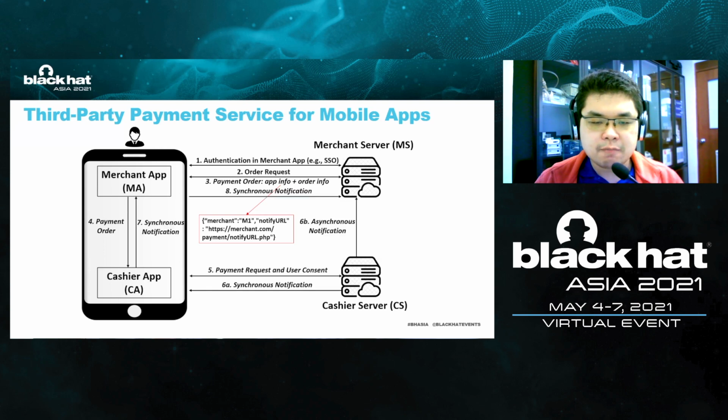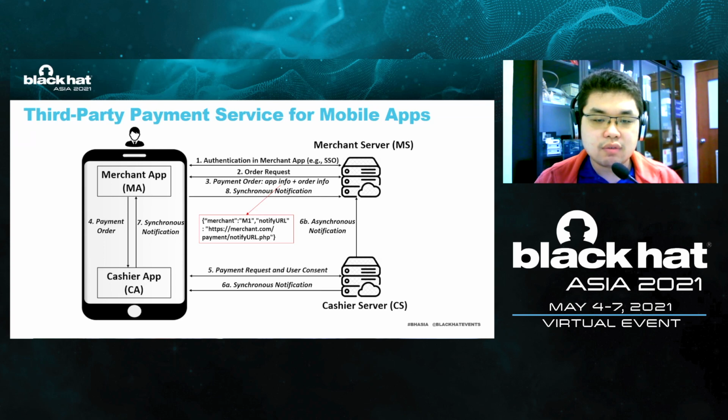After processing the payment, the cashier server will send 2 types of instant payment notifications to the merchant, namely the synchronous notification and asynchronous notification. The synchronous notification, or step 6A, is the immediate response to the payment request, which goes through the user device in step 7 and arrives at the merchant server in step 8.